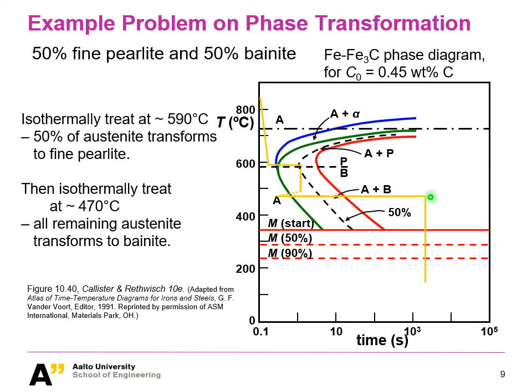All right, now you have at this point 50% of fine perlite and 50% of bainite. You do a quenching. So the other question some of you might be wondering: oh, I have my martensite starting temperature, you're doing quenching, I should get my martensite.